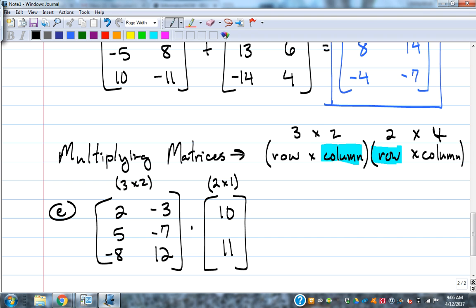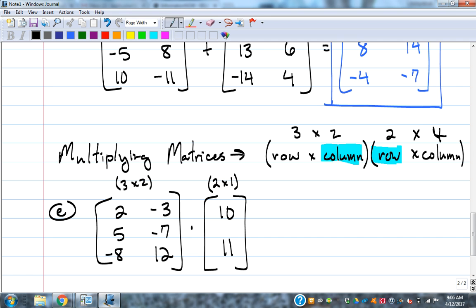All right, so for multiplying matrices, the number of columns in the left one has to match the number of rows in the right one. Here we have an example. We have a 3 by 2, 3 rows by 2 columns, and a 2 by 1. The columns in the left one match the rows in the right one. These are obviously not the same size, but it is legal to multiply them.